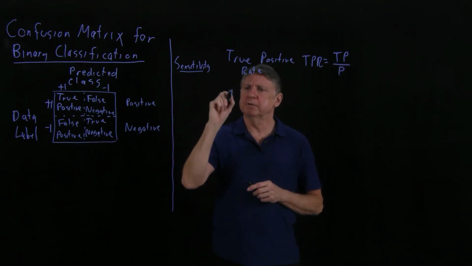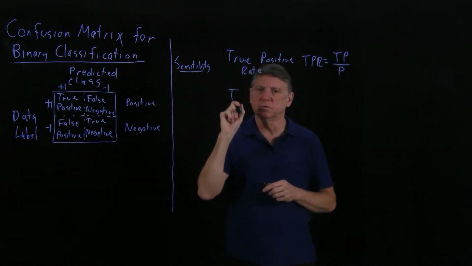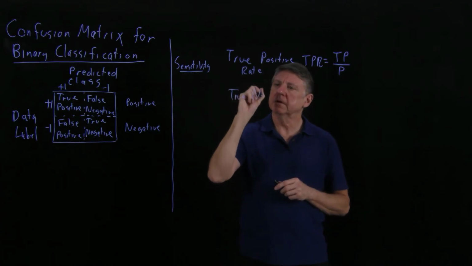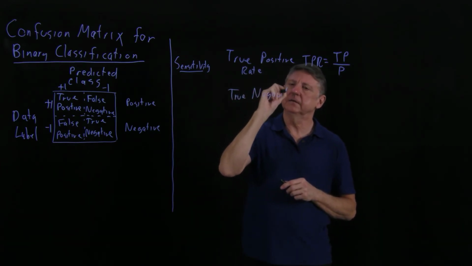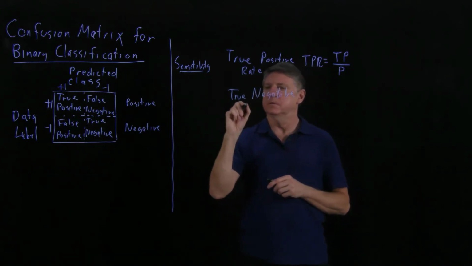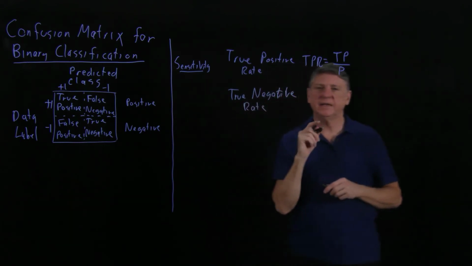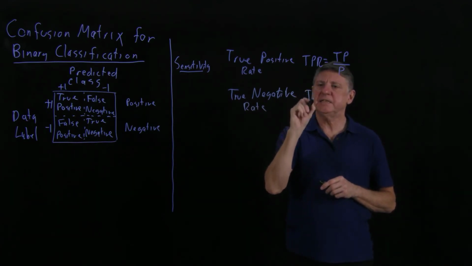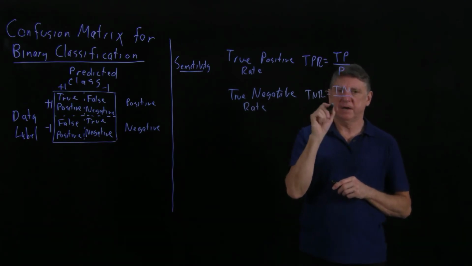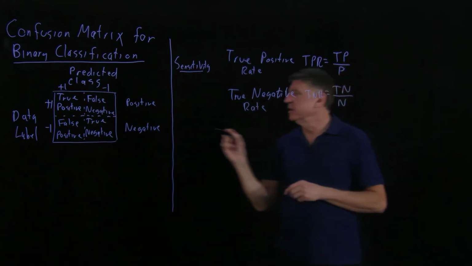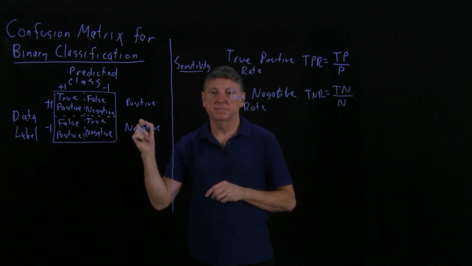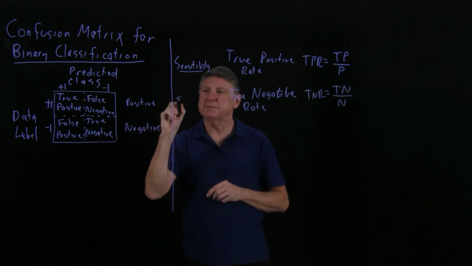The next interesting one is the true negative rate. And the true negative rate, that is the TNR, and that is the number of true negatives divided by the number of negatives. So that is this box divided by how many entries there are. And this is referred to as the specificity.